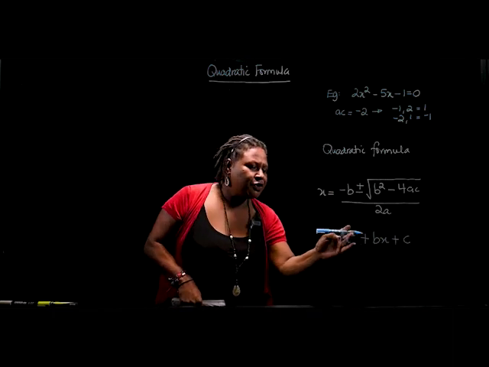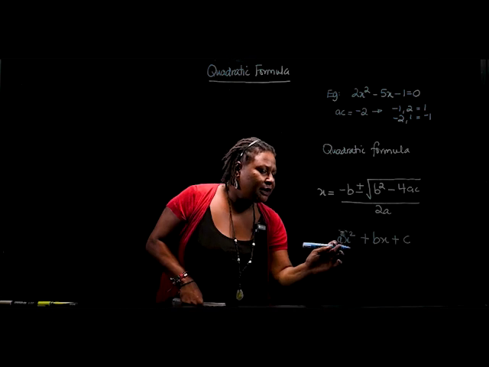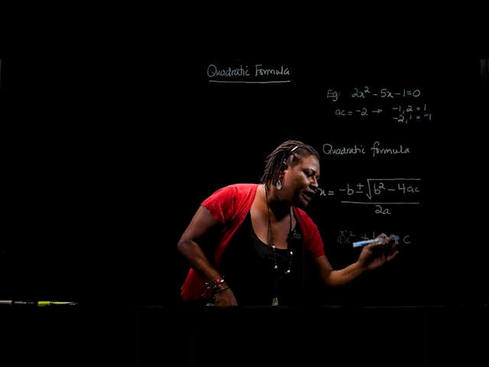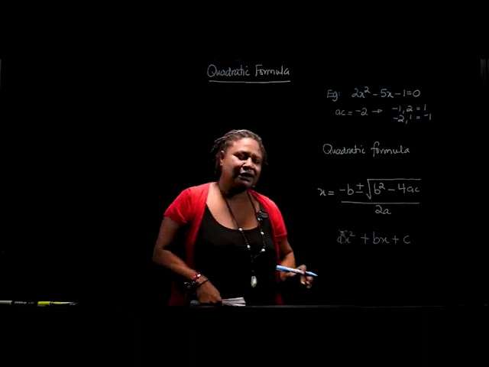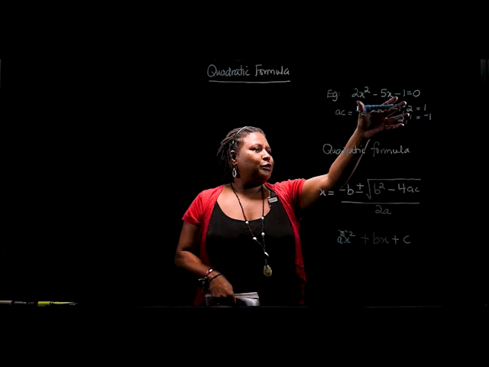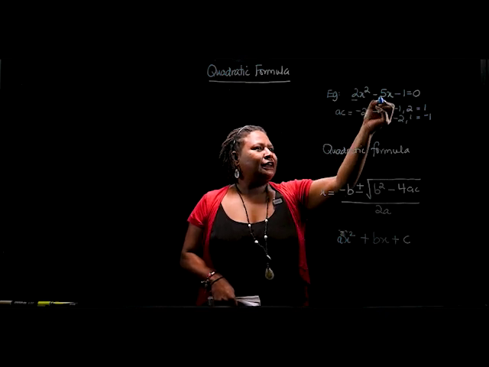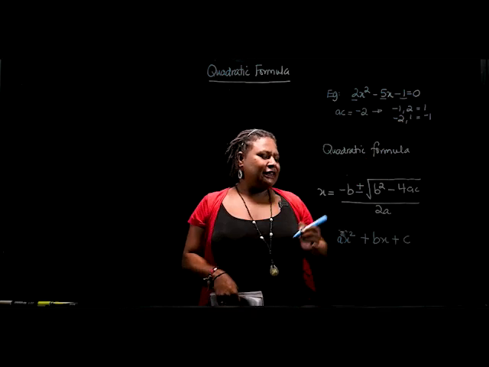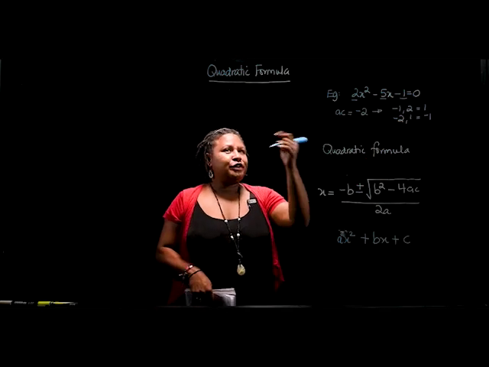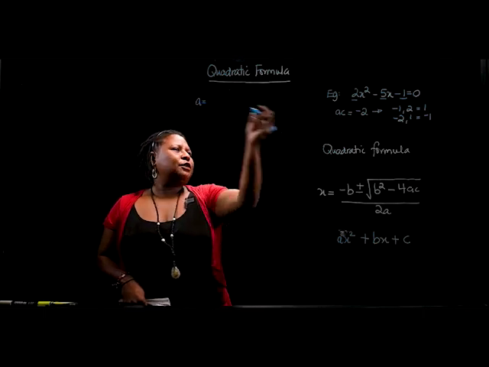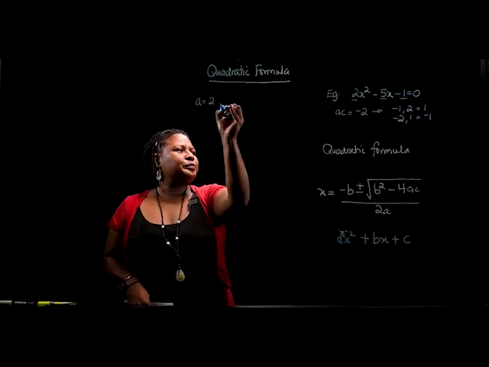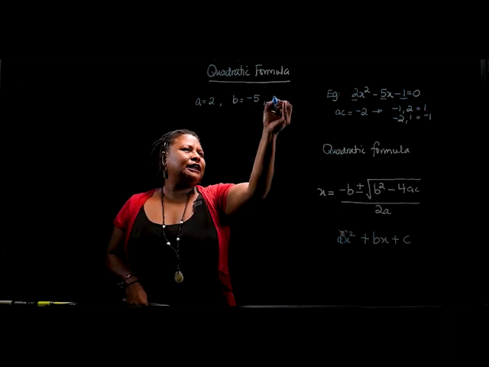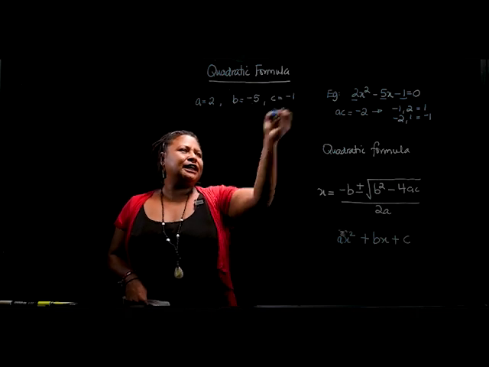The coefficient of x squared is a, the coefficient of x is b, and the last term is the constant c. So let's rewrite that: a is equal to positive 2, b is equal to negative 5, and your constant is negative 1.